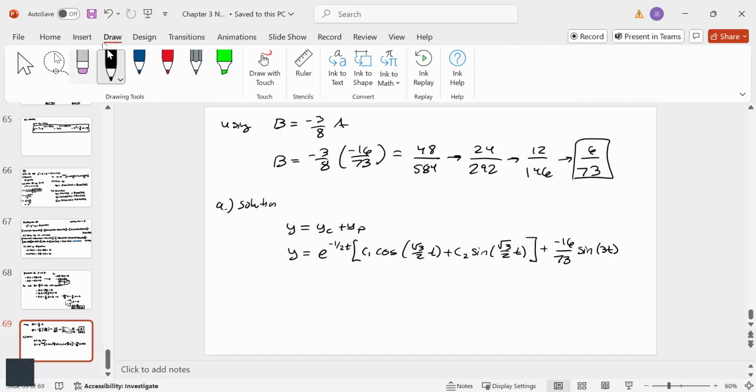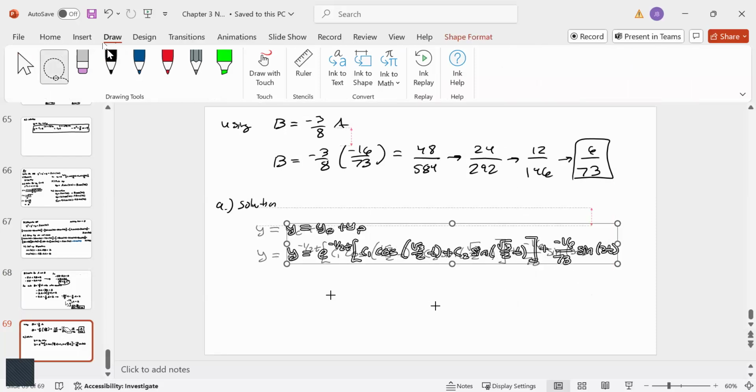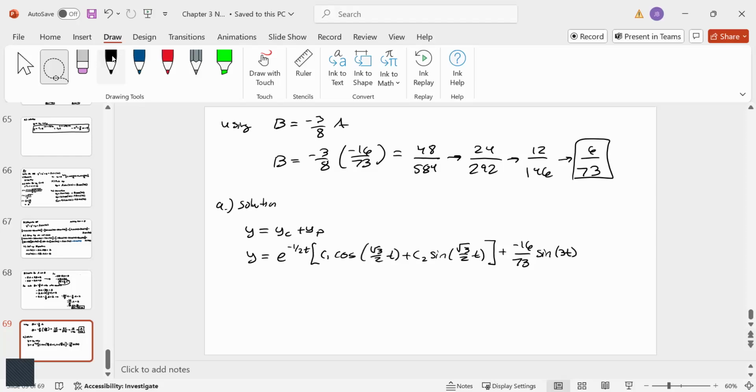Now, if you're wondering, I noticed the particular solution had 3 and the complementary had square root 3 over 2. Are they ever potentially going to be the same number, like they all have 3? And the answer is yes, that is a possibility.